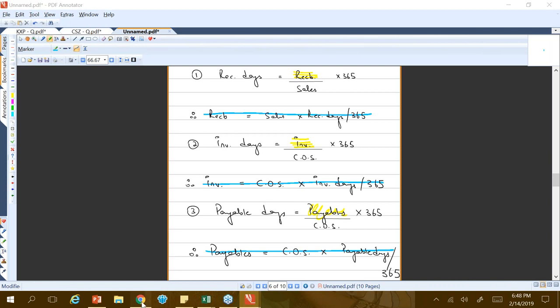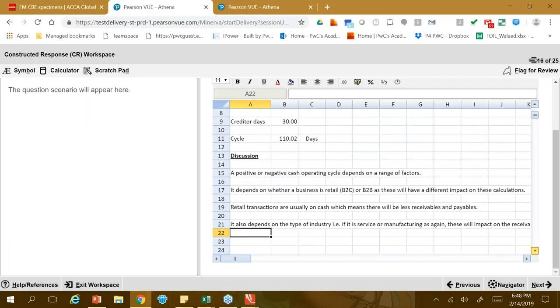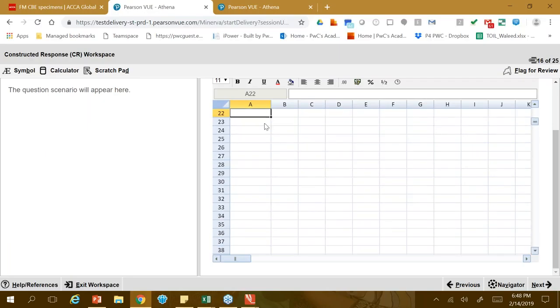This is B. So we have to find the quick ratio and sales to net working capital ratio for 2015. To do that, the first thing is to find the cost of sales.